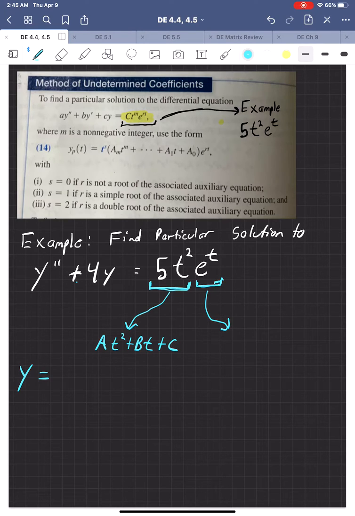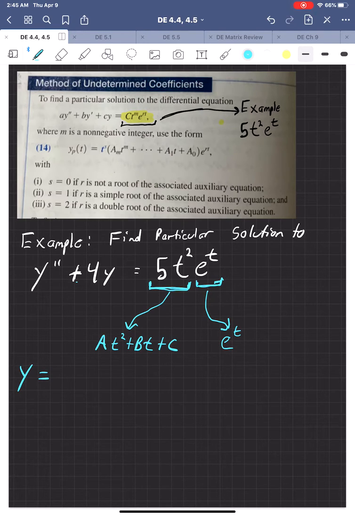To save some time, I'm going to just give you the derivatives up front, and on your own time you can work through the derivatives and the substitution and everything. So we are going to go with e to the t.